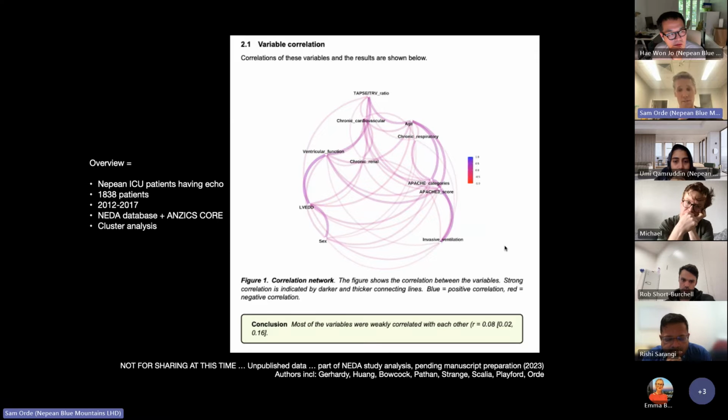And this is the largest, most incredible organization where they've a group of cardiologists, which are Professor Strange, Greg Scalia, and David Playford.